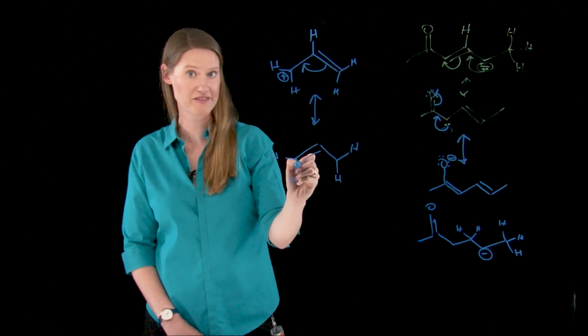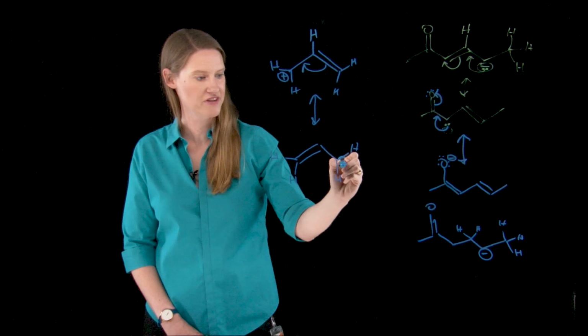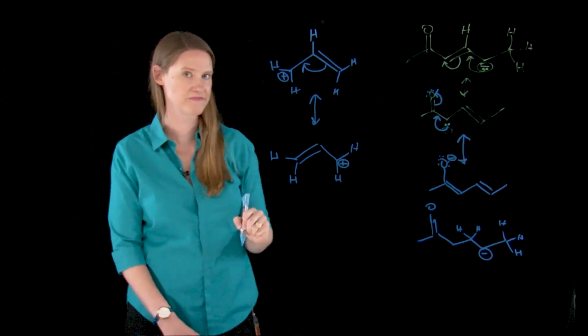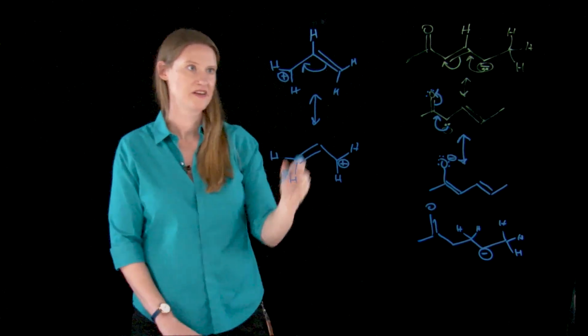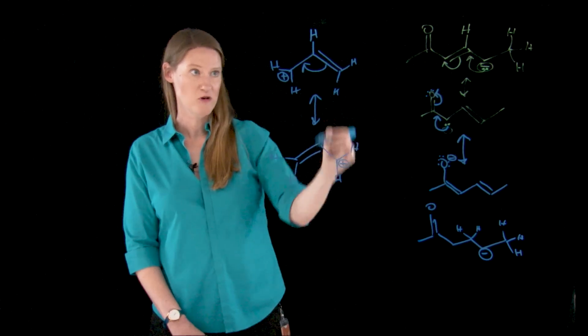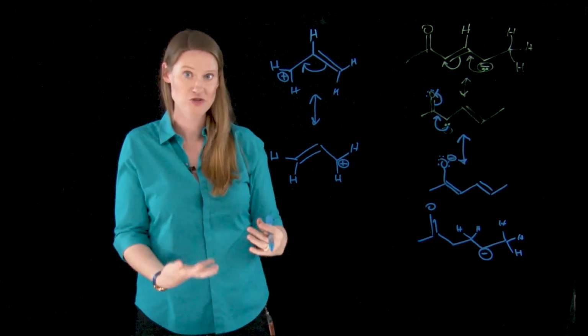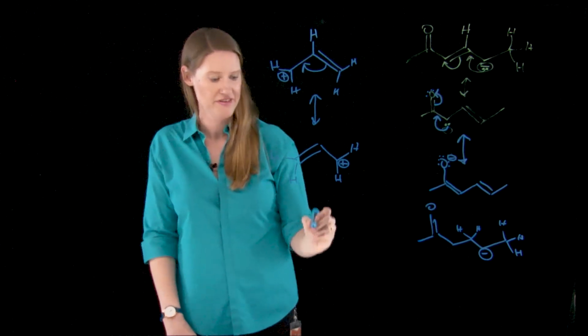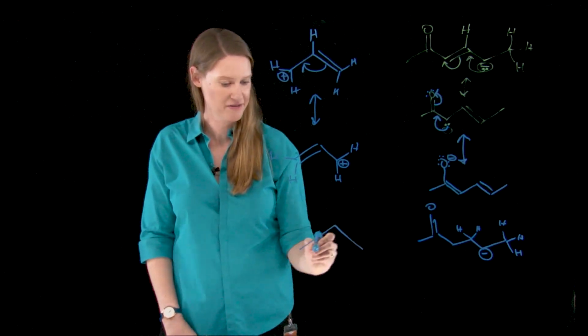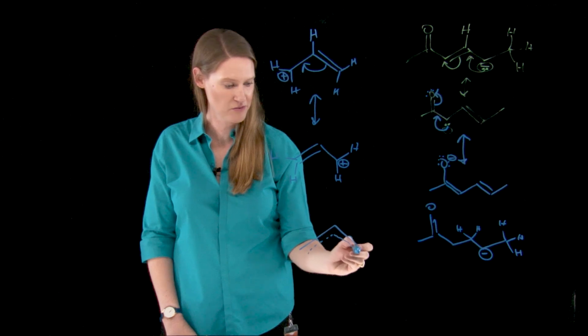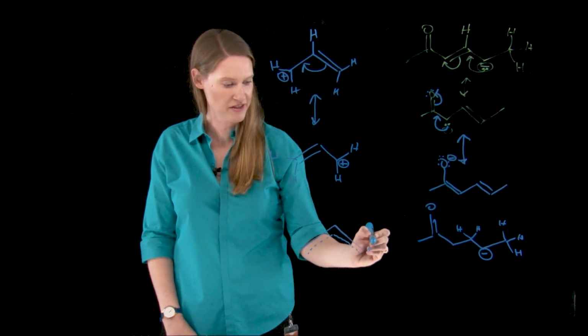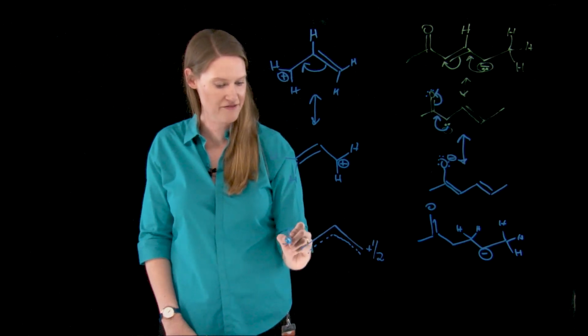It's no longer positively charged, but this carbon is positively charged. So that means, remember that resonance forms are different snapshots of the actual reactivity of a molecule. So this molecule reacts as if both carbons are always holding plus 1/2 of the charge.